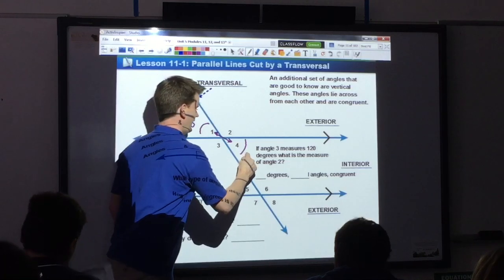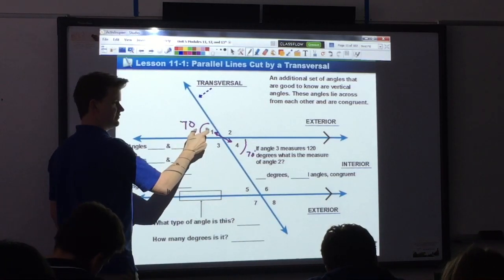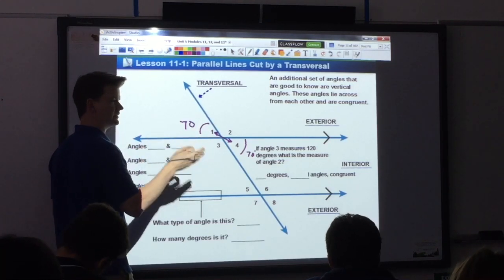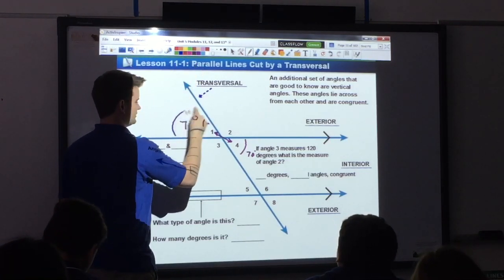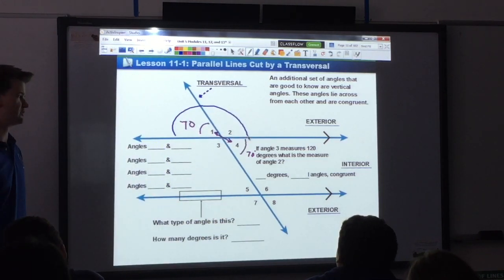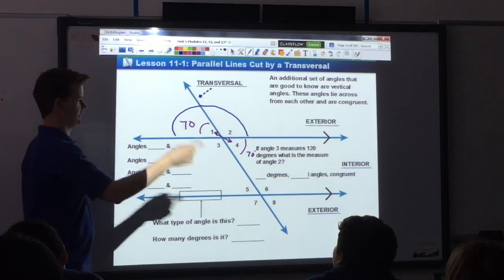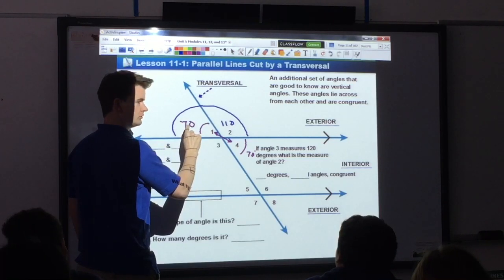70 degrees. And here's how it all starts to fall into place. If 1 is 70 degrees, and think about this before you answer it, then together, what do 1 and 2 have to equal? 180. So what is the measure of 2? 110. 110 plus 70 would equal 180.